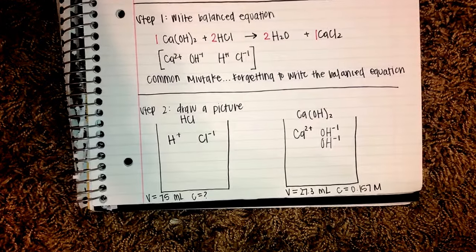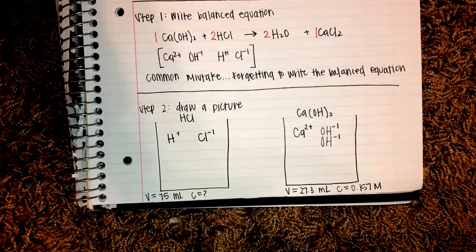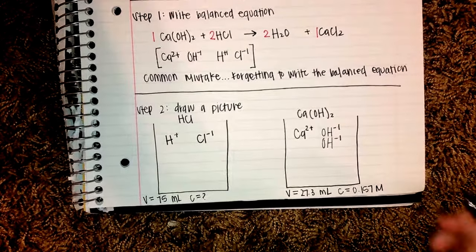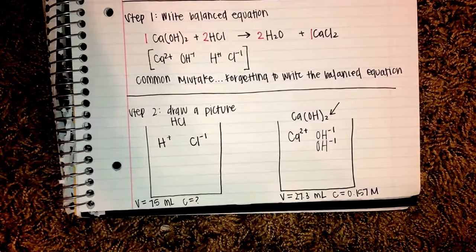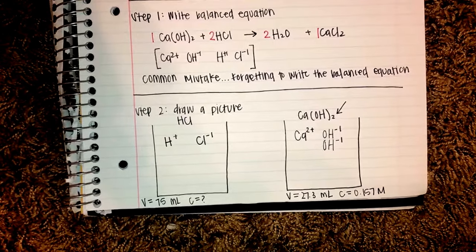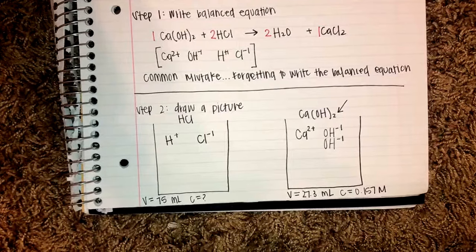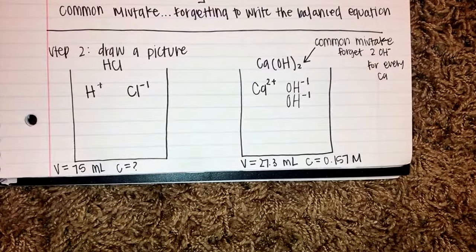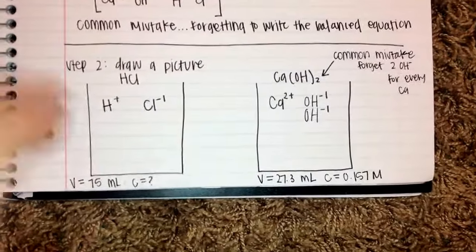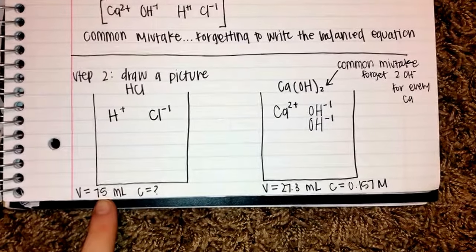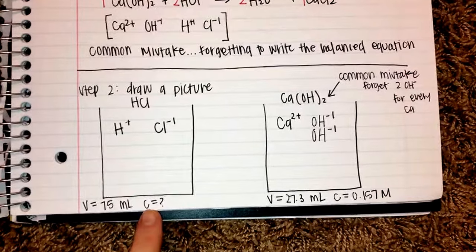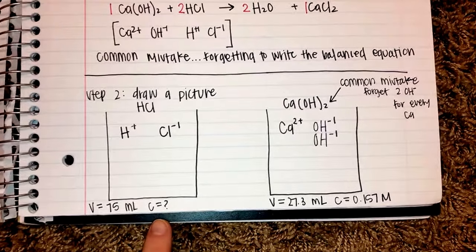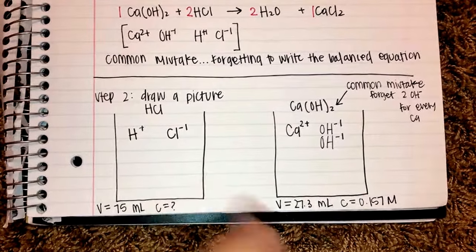This is important to write down. A common mistake made by many students is they forget that there are 2 OHs, or 2 hydroxides, for every 1 Ca. The volume given for HCl is 75 milliliters, which was given in the problem. But since we are solving for the concentration, there's a question mark by it because we do not know it.